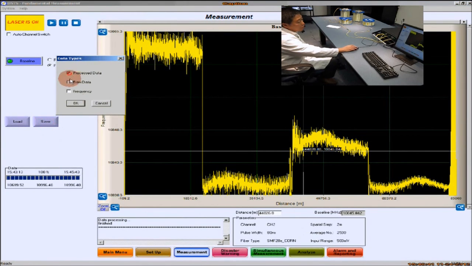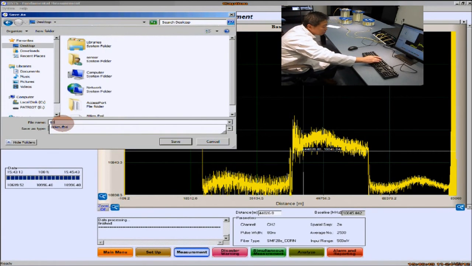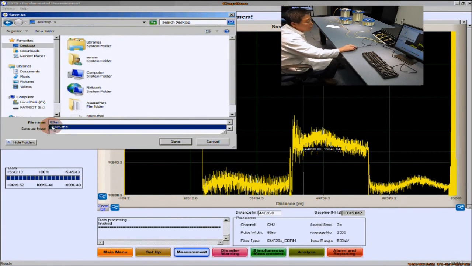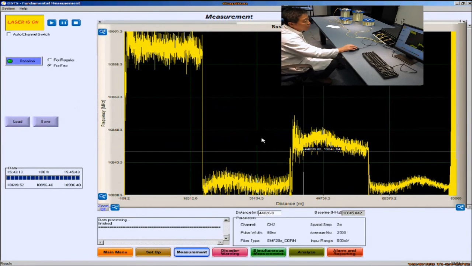So now we save this file on our computer. Just give it a name. Once you have it and it's saved, we're now ready to use the fast measurement technique.